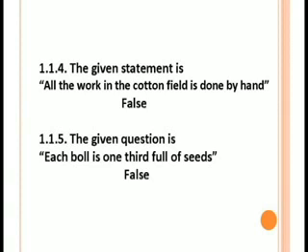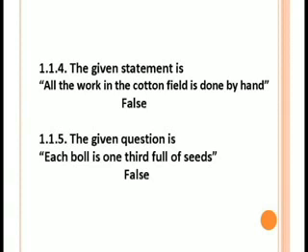After that, we will go to the next question, number 5. The given statement is, each boll is 1/3 full of seeds. In the text, it is said that when the bolls have been picked, they are taken straight into the gin, which is what workers in America used to call the engine which separates the cotton from the seeds that fill 2/3 of each boll.